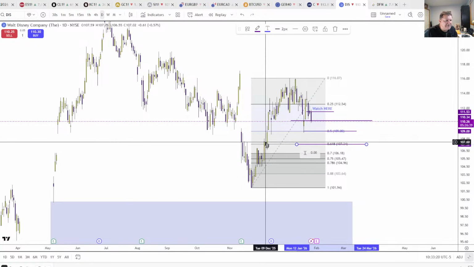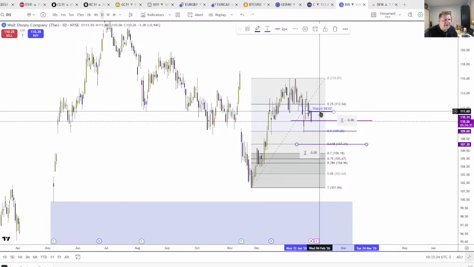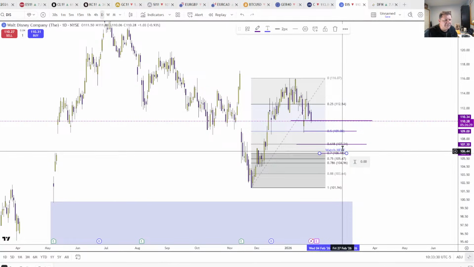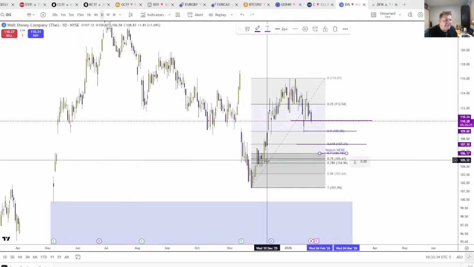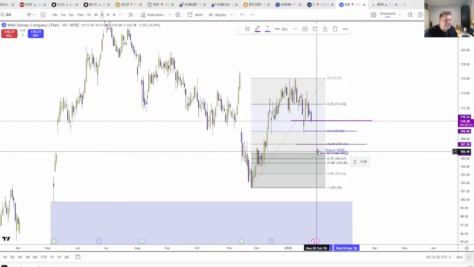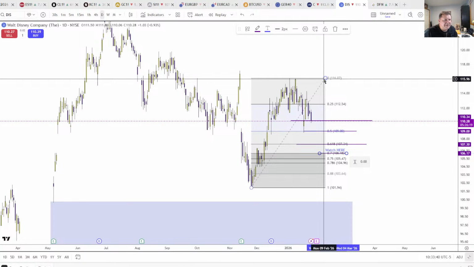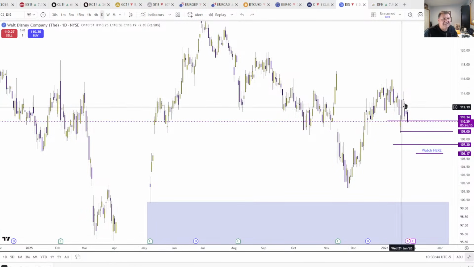That'll put us right in the mean threshold of this candle. And then the watch line will go to 70% optimum trade entry reversal, which is a fill of this BISI right here. They line up quite nicely. So those are my downside objectives in Disney.